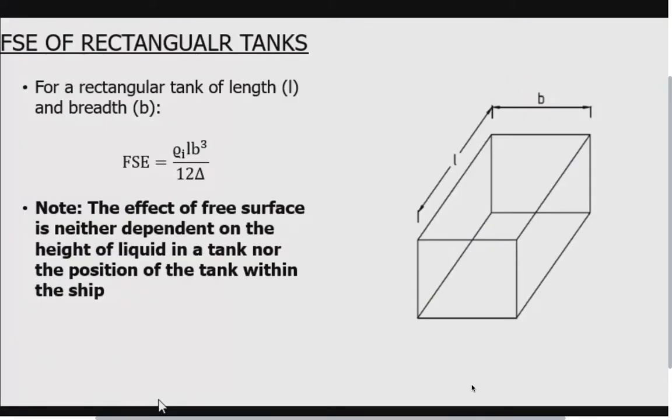All right. So let's see. For a rectangular tank of length and breadth, if you have a tank being rectangle, some of the tanks in the ship are not rectangle. Some are.